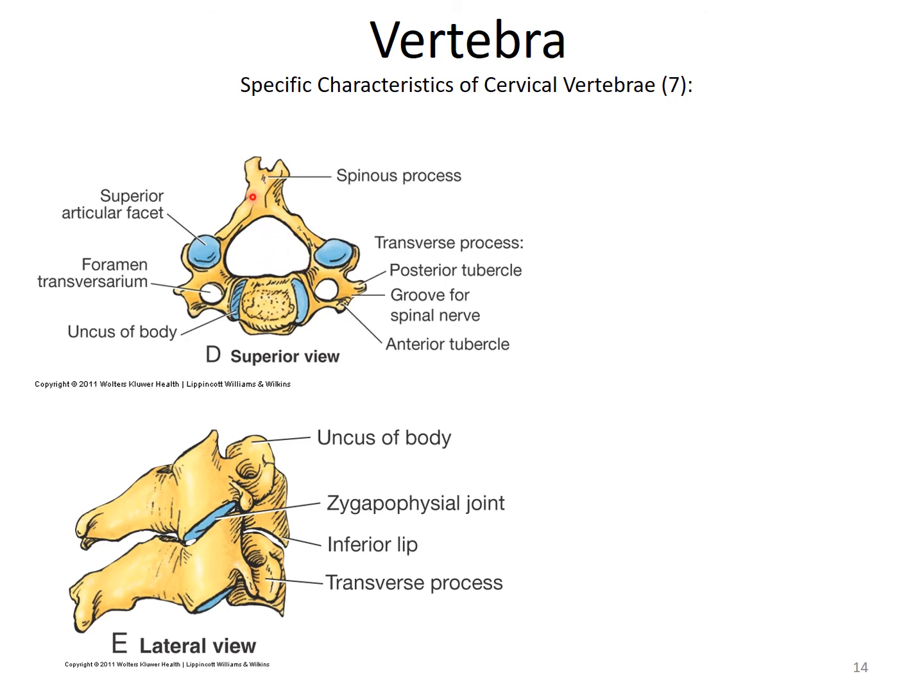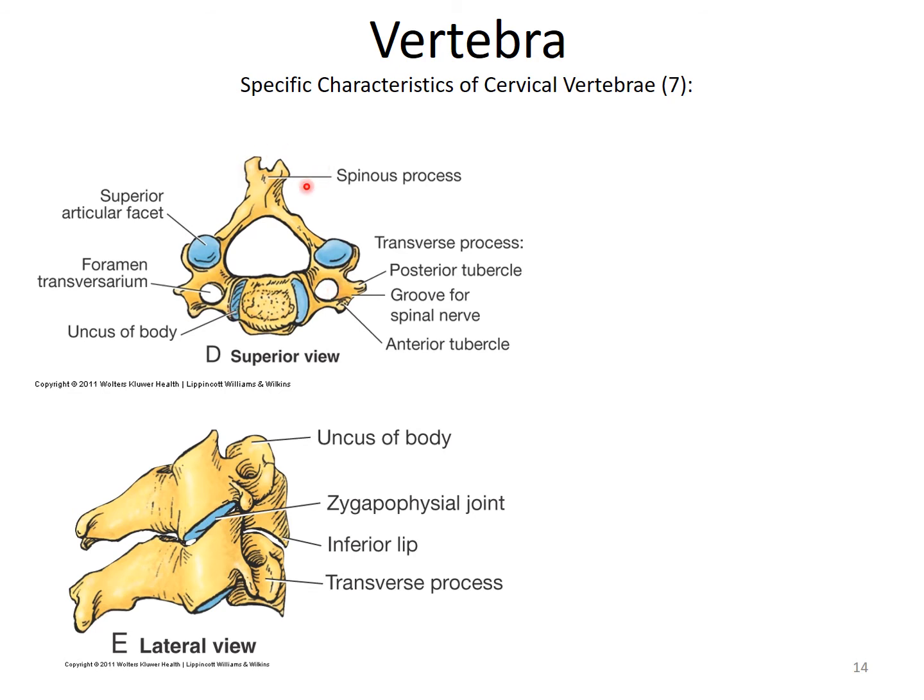The transverse processes of C1 through C6, here's the transverse process, have foramina. Foramina is the plural of foramen, not foramens. It's called foramina. And these foramina are really important because they allow for the passage of the vertebral arteries, left and right.